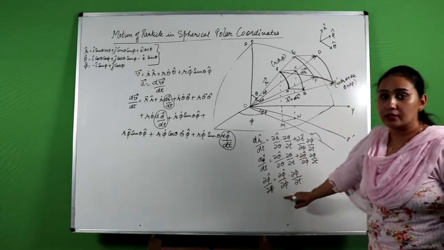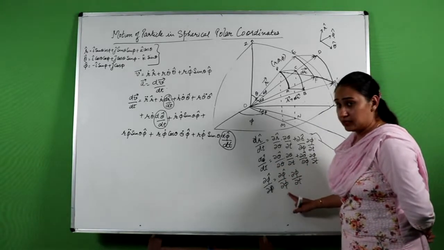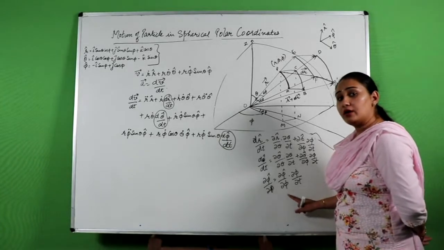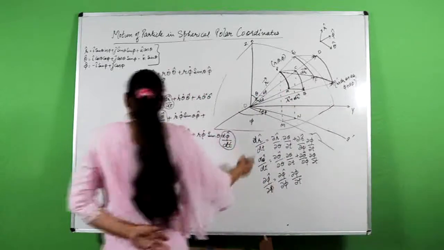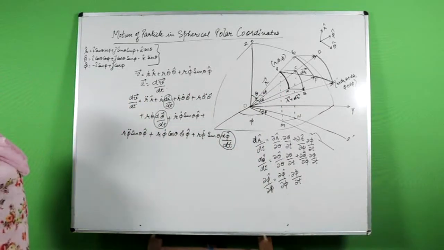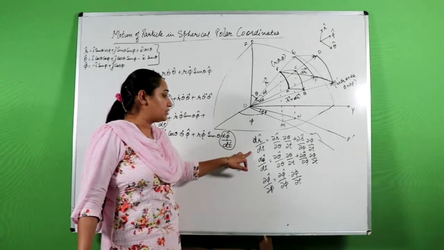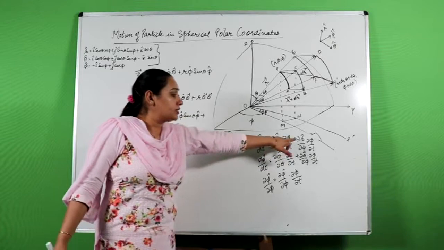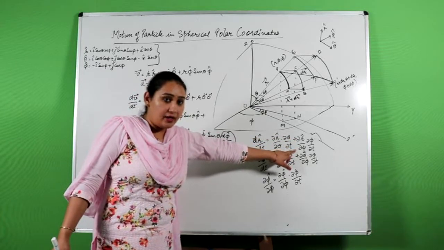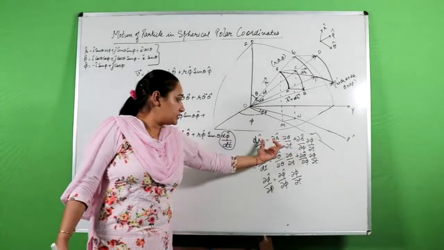I cannot write it as curly phi cap by curly theta, since this is a component of phi cap only. So let us first calculate curly r cap by curly t. To calculate dr cap by dt, I need to calculate the value of curly r cap by curly theta and curly r cap by curly phi, and then I will put these values and get this value.